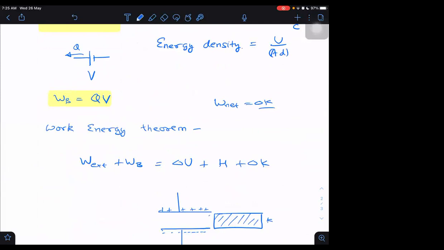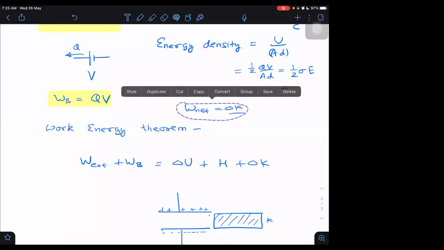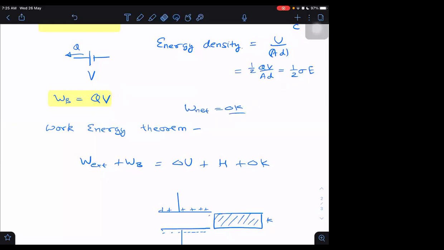So what is that energy density then? Can you tell? Half CV square upon A into D. I can write half Q into V upon AD, energy by volume, which will be half of sigma into E, since V upon D is E. Sigma can also be written in terms of E, and I'm writing it as small u, the energy density.